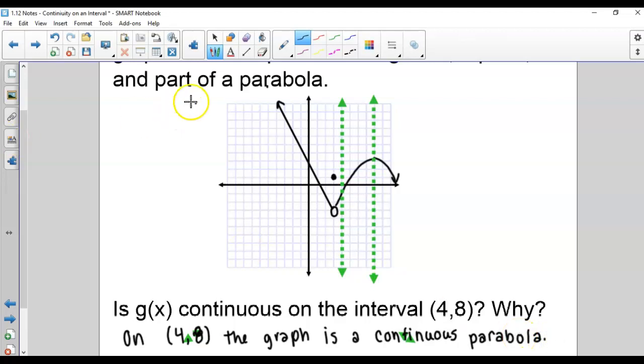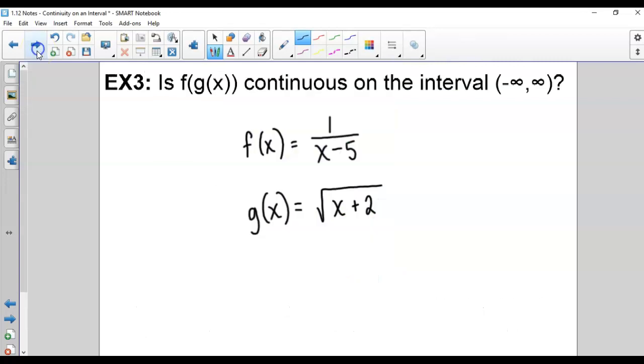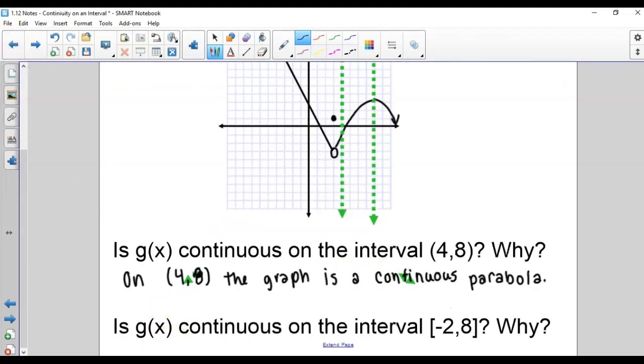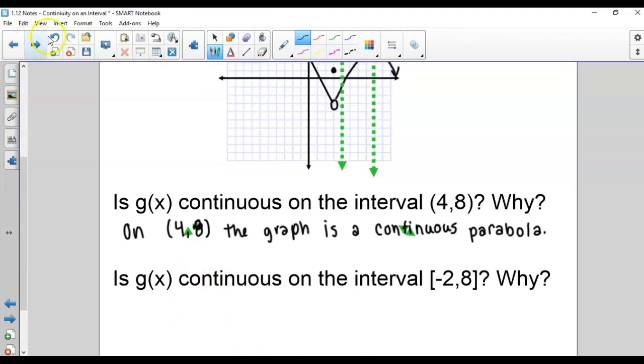And it told us here that it was a parabola, so we know that that's a continuous function. So I have continuity here. I didn't ask. Oh wait. So yes, I did ask another question. I just can't see it.